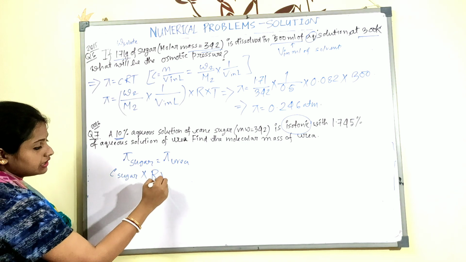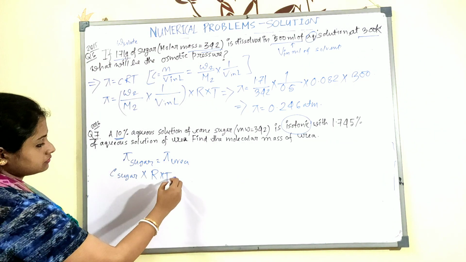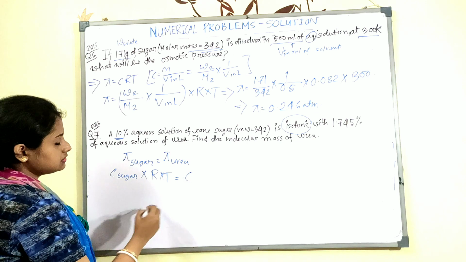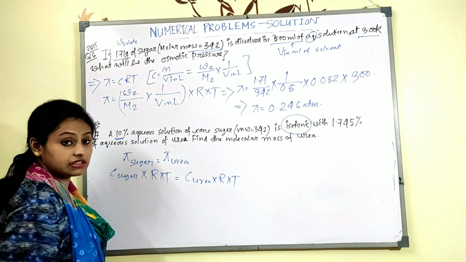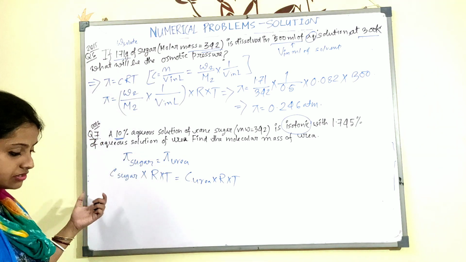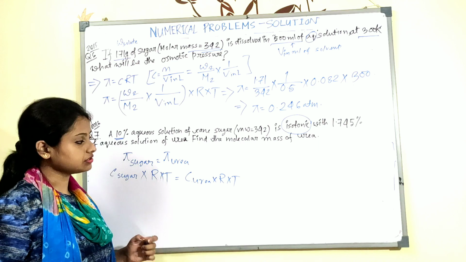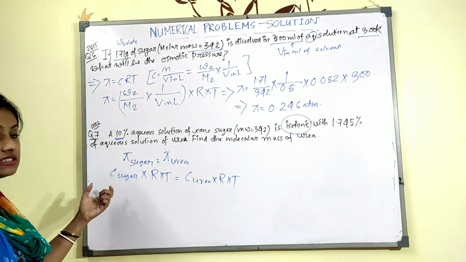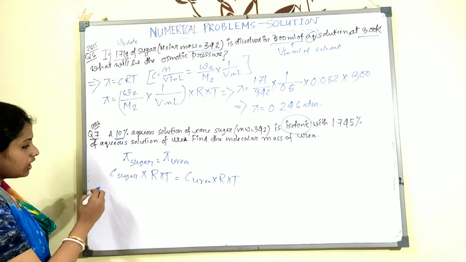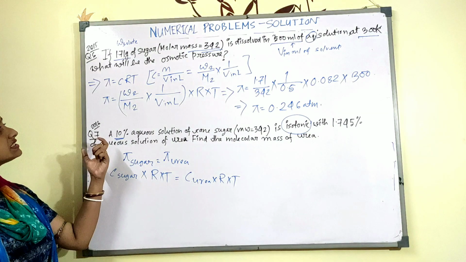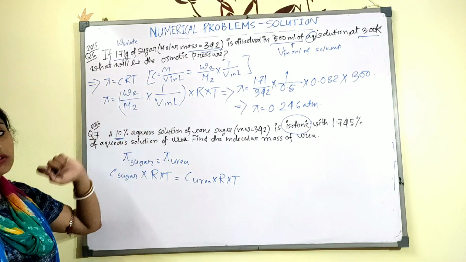Concentration of sugar into RT, temperature is mentioned, and concentration of urea into RT. Here the temperature is not mentioned, so we will just take a moderate temperature. Now here concentration is not mentioned, but the weight is mentioned. So what can we do? We can do just like the previous problem: weight by molecular weight into 1 by volume in liter.